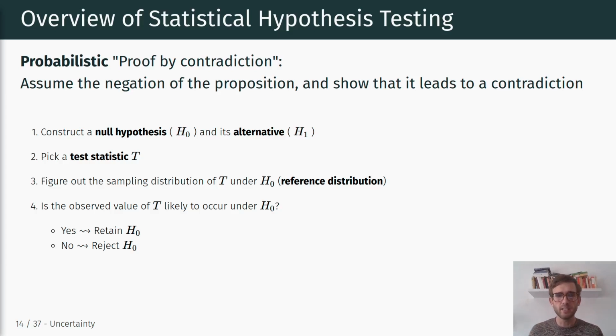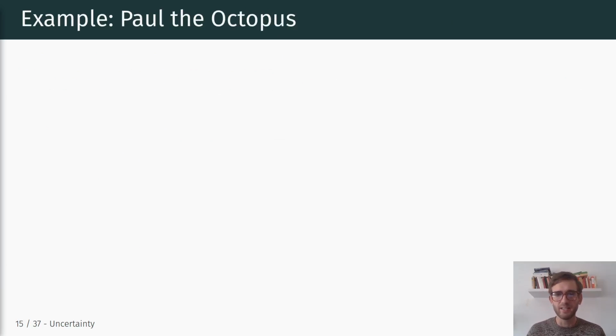That's the underlying idea behind any hypothesis test, but in order to provide a more concrete example, I'm going to go through one of the examples that is discussed in the book, and that I really like, and that example concerns predicting soccer matches, particularly in the context of the 2010 World Cup.